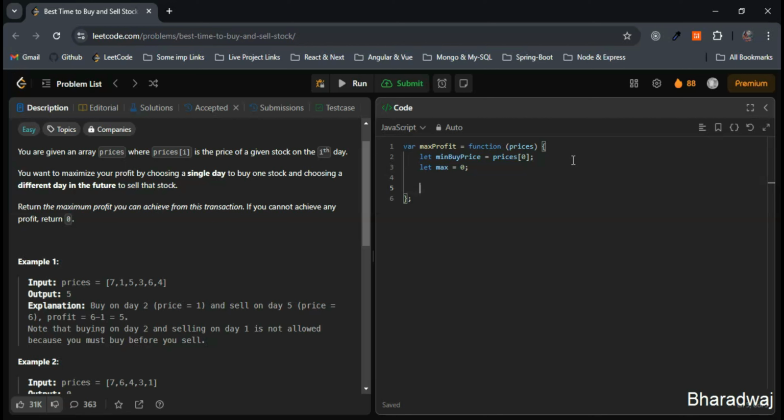Next, let's iterate through the prices starting from the second element, that is 1. I'll make use of a for loop: i equals 1, i less than prices.length, i plus plus.